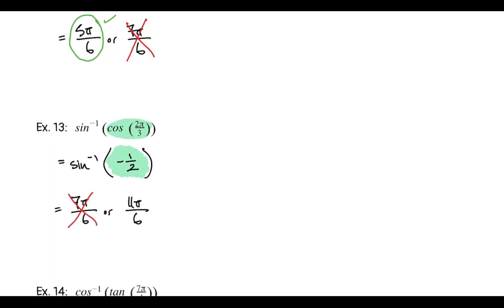So 11 pi over 6, is that in the range? No, so this is our almost answer where we have to rename it. If we don't rename, then we're saying 330 degrees is less than 90 degrees, and that is a silly statement, okay? So how do we rename this? Well, we can look at where that angle is and just give it the negative name. And that is negative pi over 6.